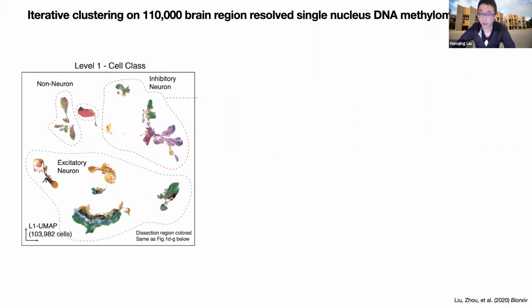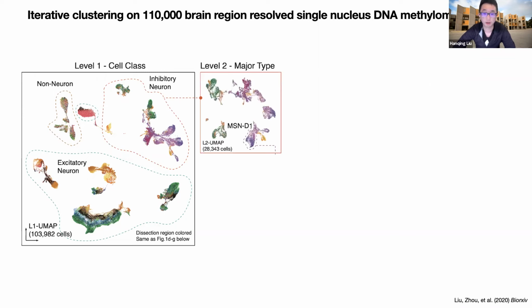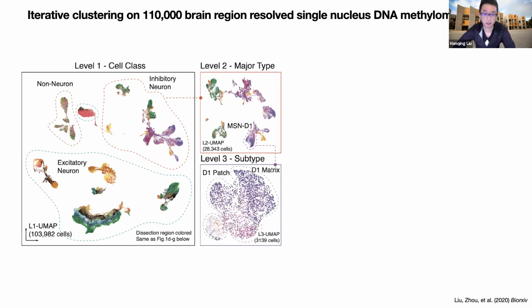And to identify cell types in this large data set, we used a three-level iterative clustering analysis. We first combine all the data to identify the cell classes, which include inhibitory, excitatory, and non-neuronal cells. And then we take each cell class to further separate them into major cell types, and then cluster each of the major cell types into subtypes.